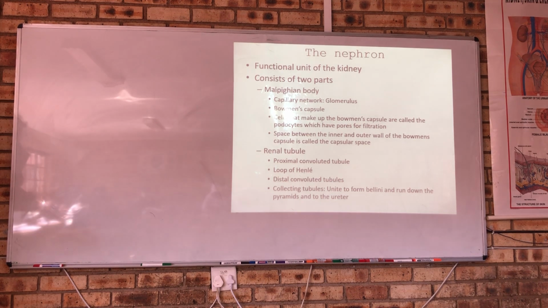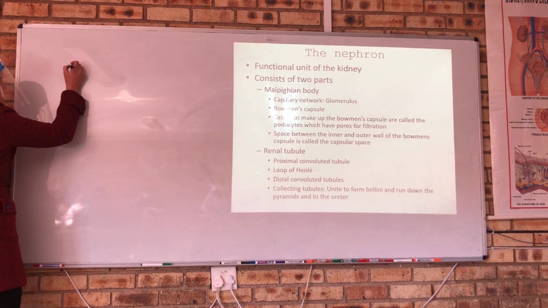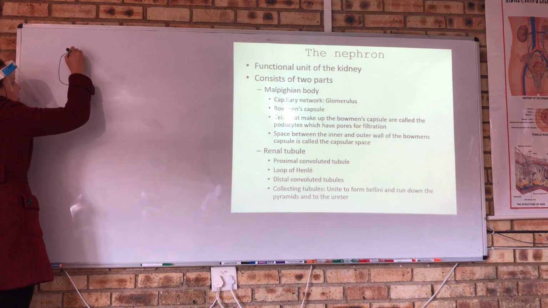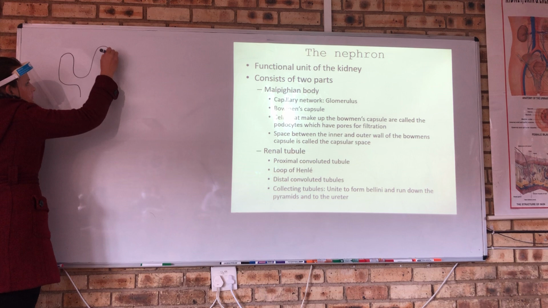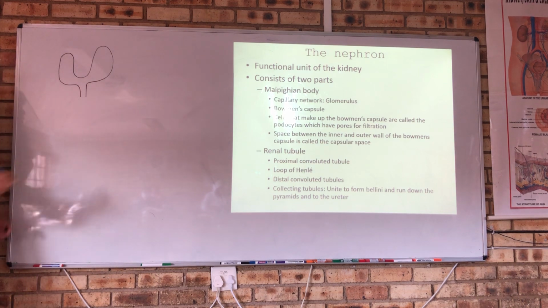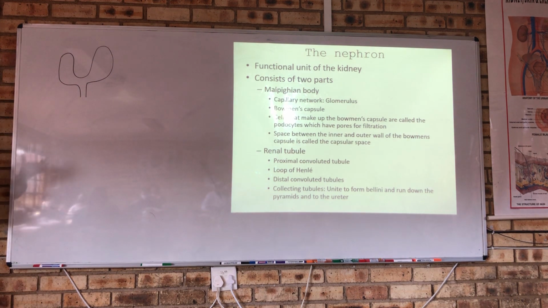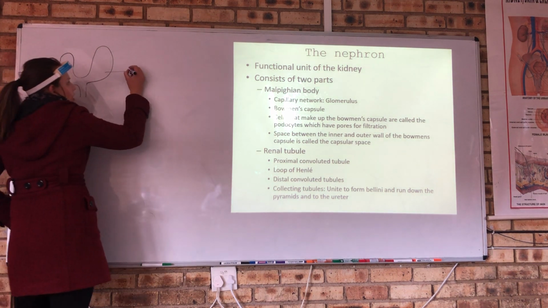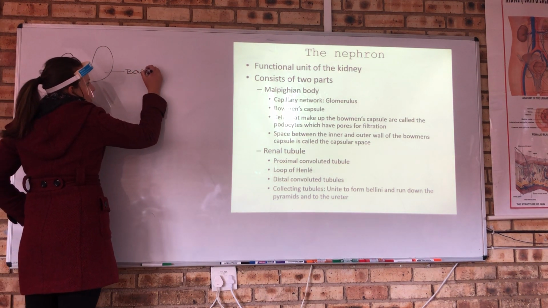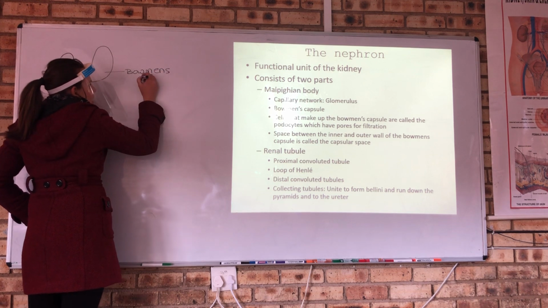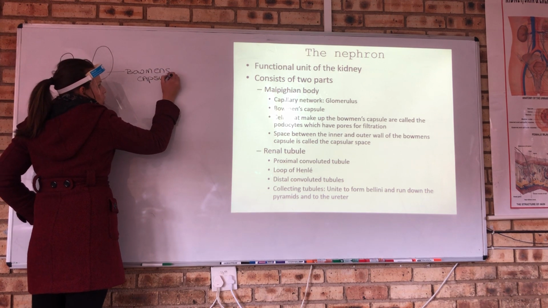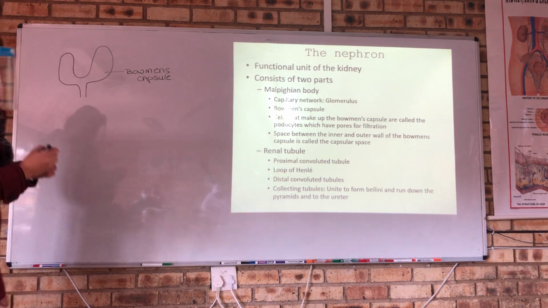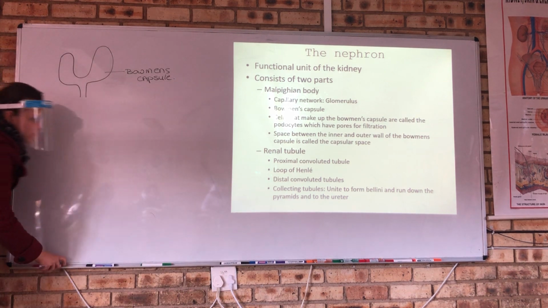It's a capsule, okay? So it looks like this. Are we happy with that? So it's like a funnel, like a capsule, like a cap, okay? So this is called the Bowman's capsule, okay? Bowman's capsule. Inside your Bowman's capsule, you have this capillary network.